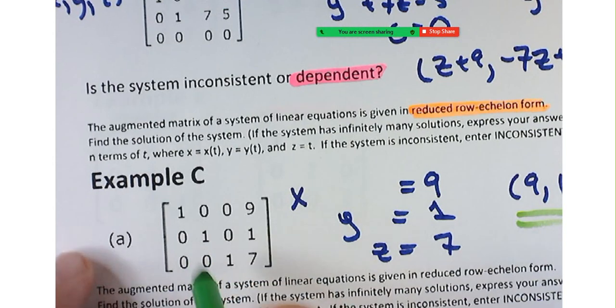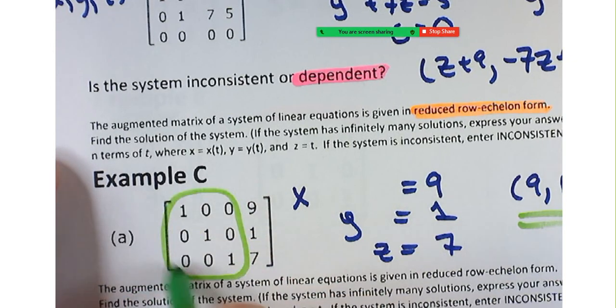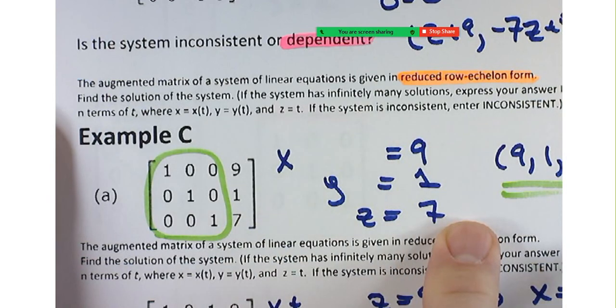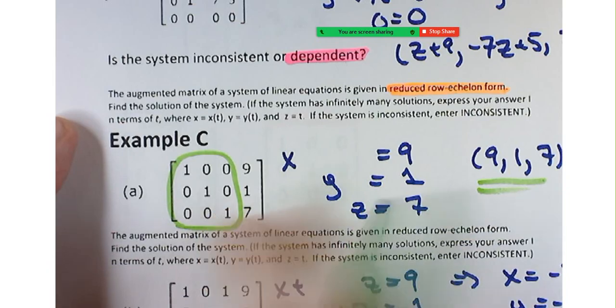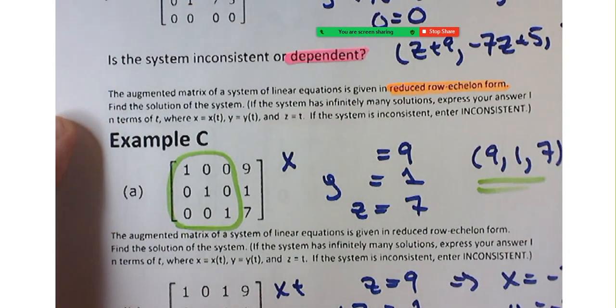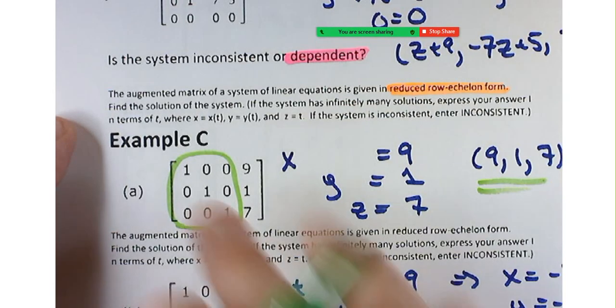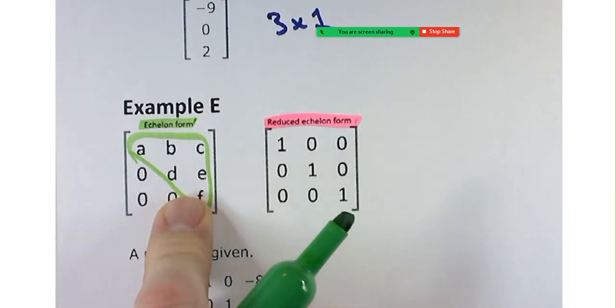This was in reduced row echelon form, and that meant that what we had here was really our solution. So it's kind of cool if you get it like this, then you can just read off your solution. But sometimes there's a lot of work to get it like that, and it's easier just to get things into echelon form.